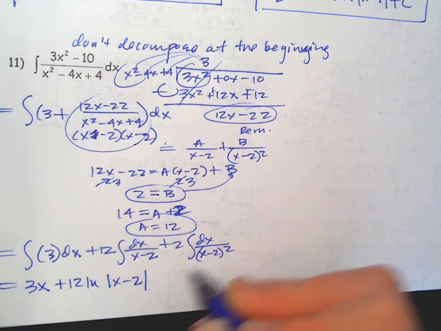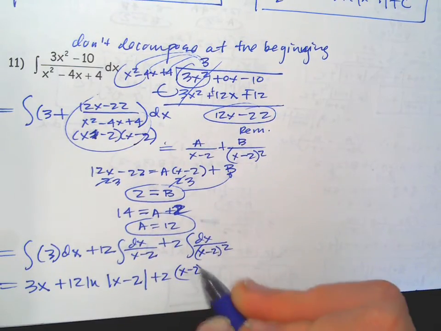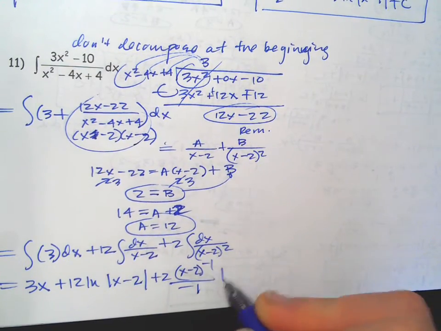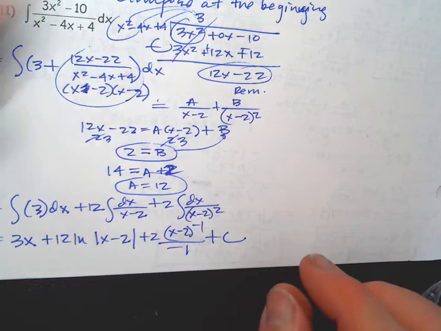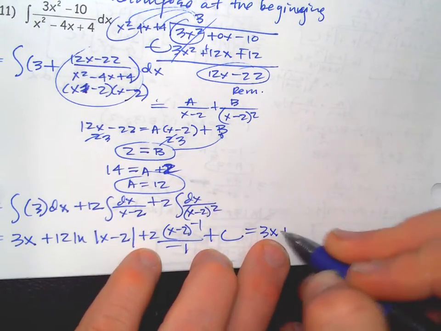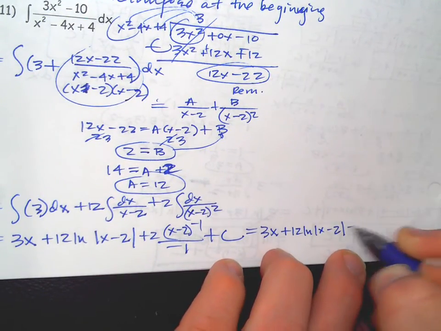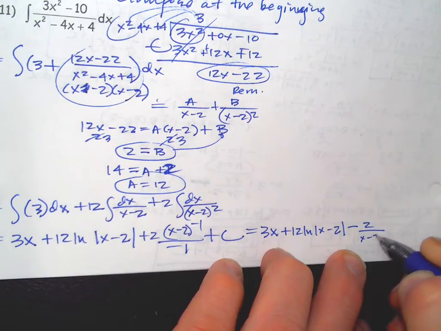This is the power rule, so this is going to be plus 2 times x minus 2 to the negative 1 divided by the new exponent, plus c. For the final answer, I don't want negative exponents, so let's write 3x plus 12 natural log of the absolute value of x minus 2 minus 2 over x minus 2 plus c.